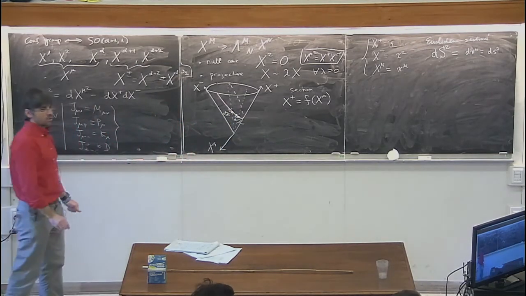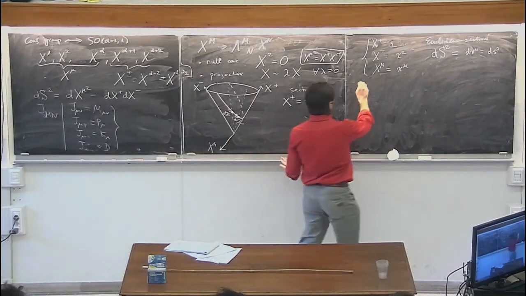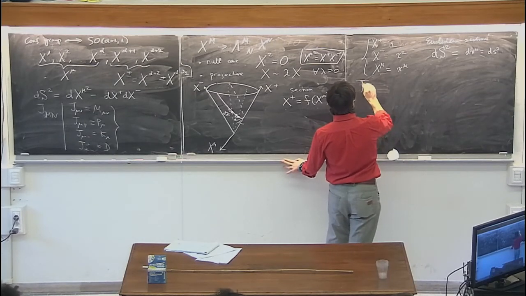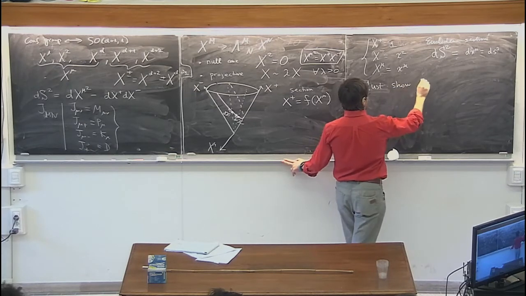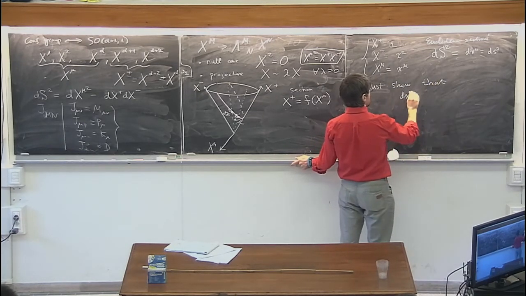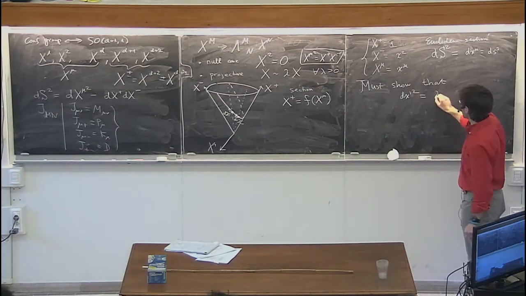To show that the transformation is conformal, we must show dx prime squared is equal to some constant factor times dx squared.